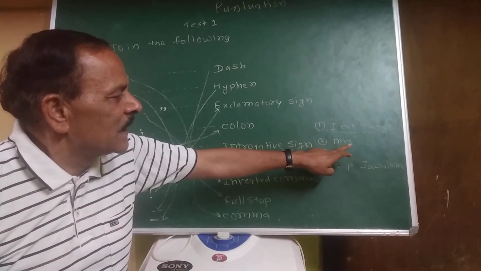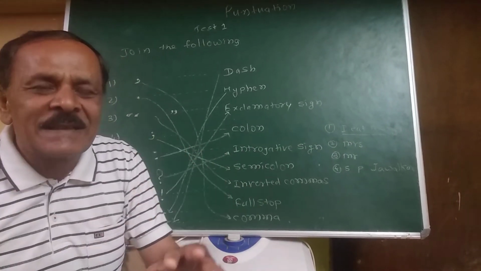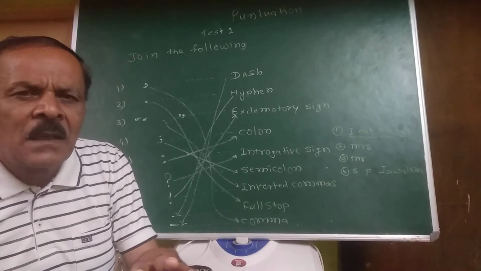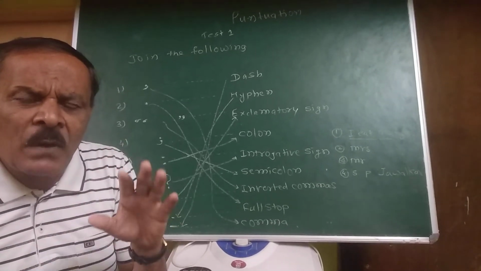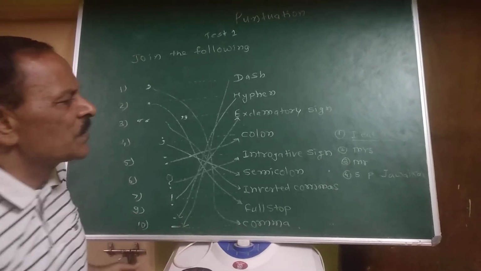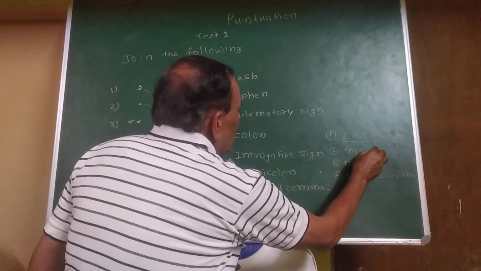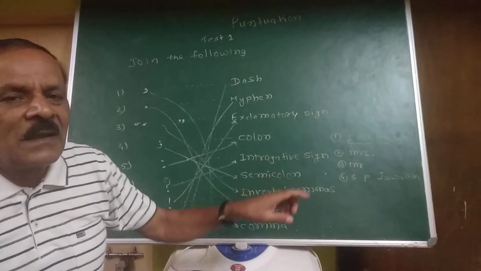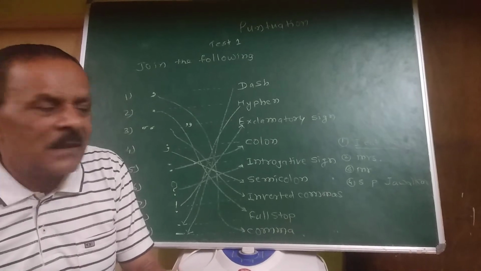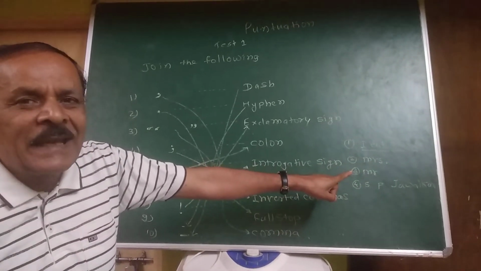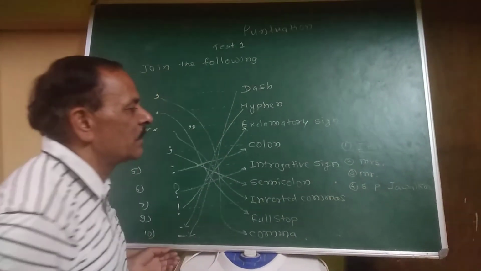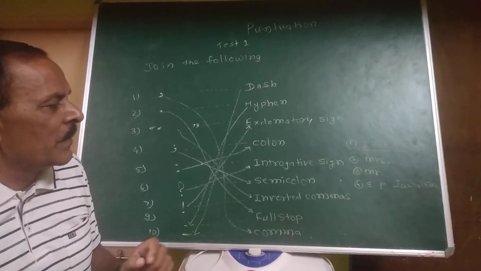MRS. It is short form of Mrs. Abbreviated form of Mrs. Whenever the abbreviated form comes, it ends with full stop, means small dot. Mr. M-I-S-T-E-R, long form we have not written. We have written only MR. So put here small dot, mean full stop.